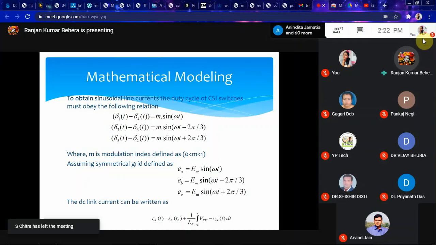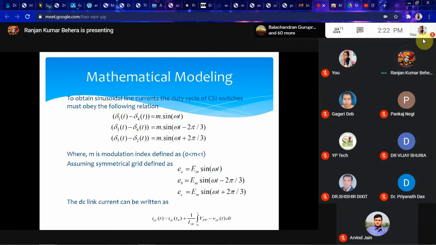Now we are not going to discuss that, and the modulation index, I can tell you, is between 0 and 1 actually. Why? Because we cannot operate at 1 also. We go up to 0.866 modulation index as the linear range. Above that, it is the saturated range. What is saturation and what is the linear range?